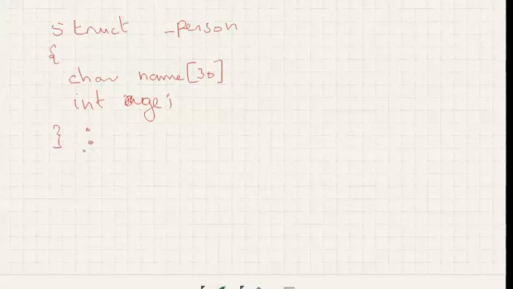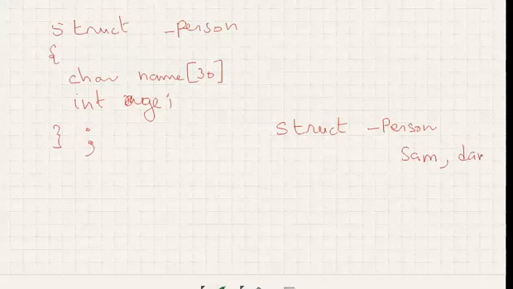And when you put a semicolon here, we are only declaring a type. So in order to declare and allocate memory for a variable, we say struct person in the main function or any function. You see why the tag name is important? And Sam or Dan.